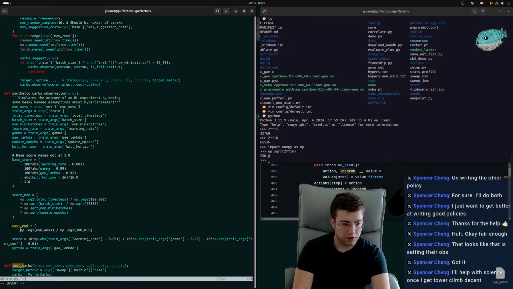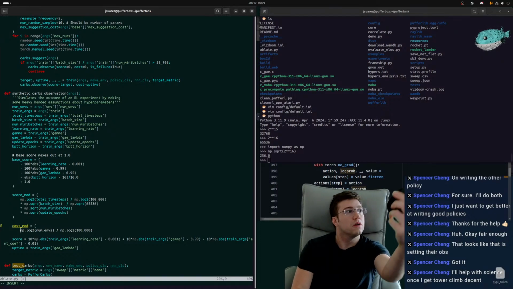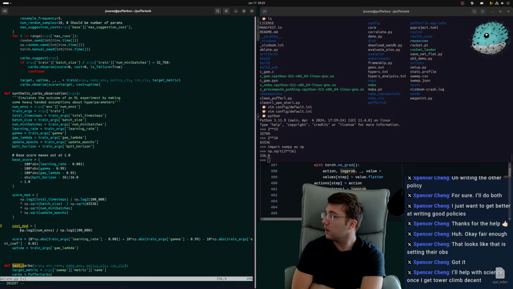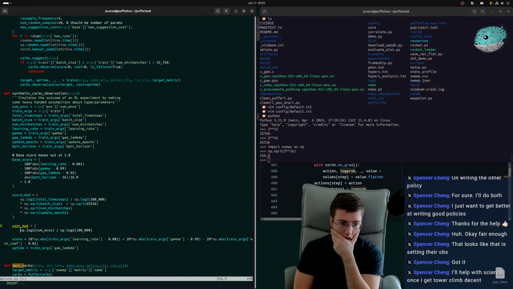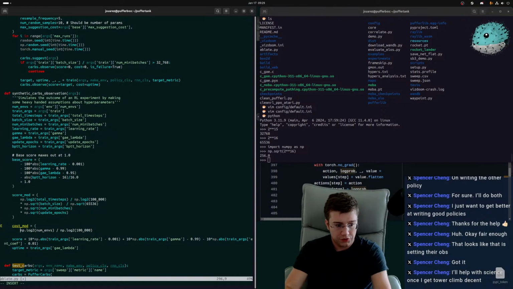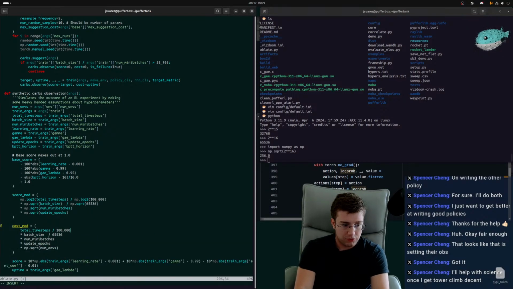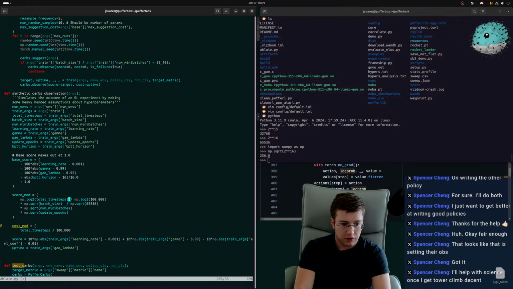You also need a cost mod. Hang on. Okay. Cost mod. Well, this one is easy, right? This is just going to be total time steps over 100. And this is 100 million, not 100,000. Okay.